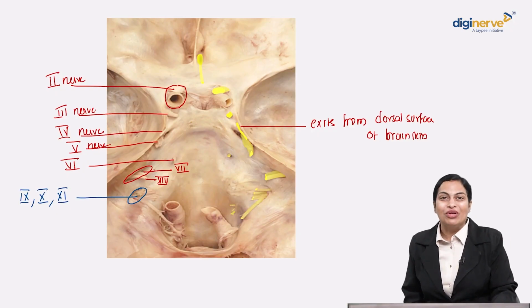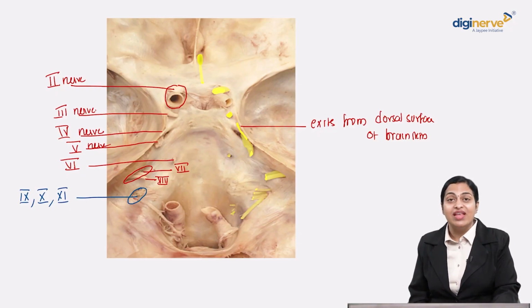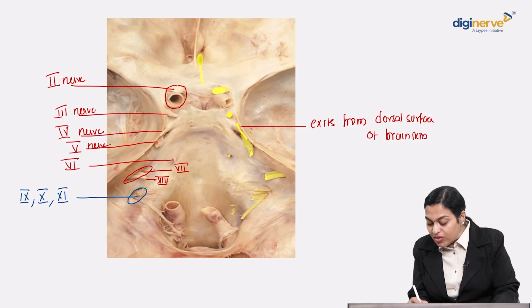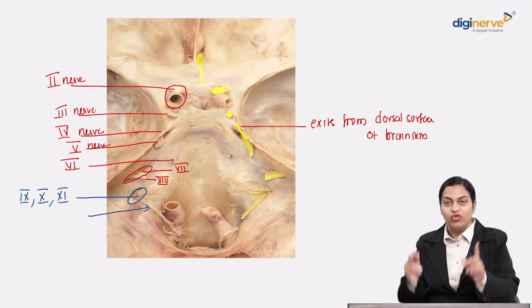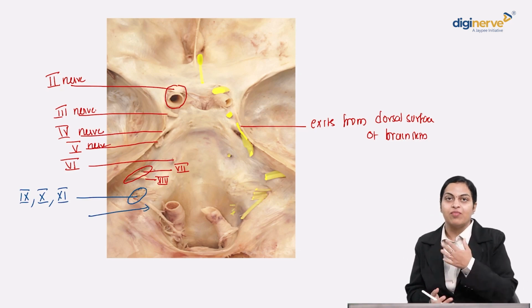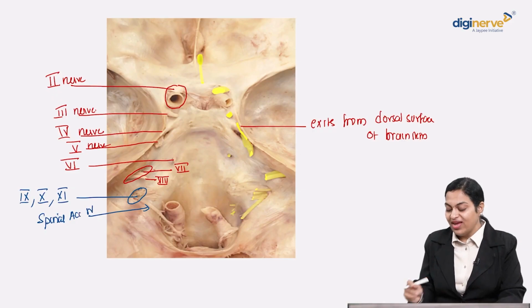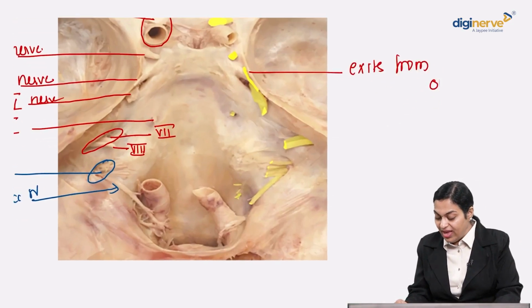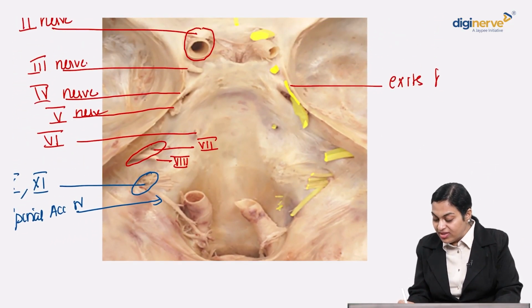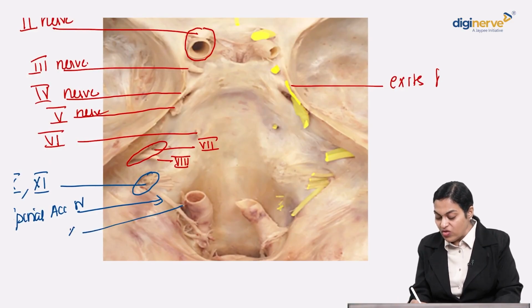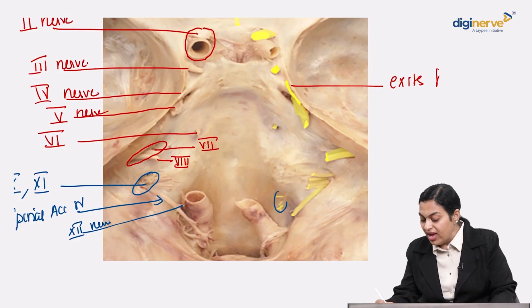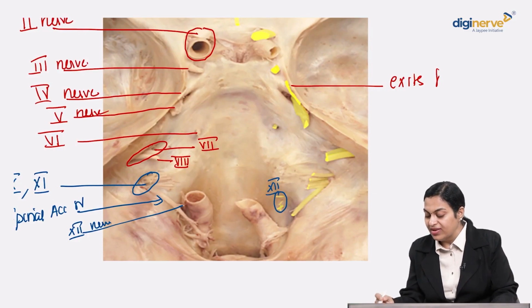What are the two components of the accessory nerve? Cranial and spinal. This root, can you see here, coming through the foramen magnum and joining some nerve in the jugular foramen, is the spinal accessory nerve. And over here, these are the rootlets of the 12th nerve, the hypoglossal nerve in the hypoglossal canal.